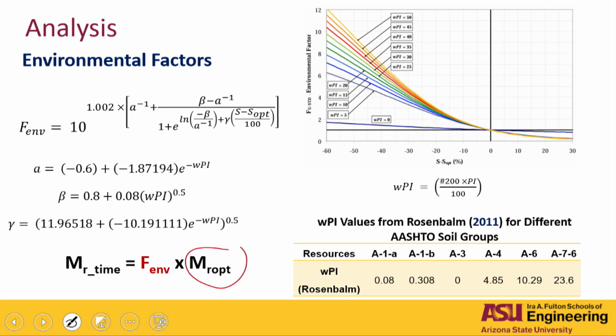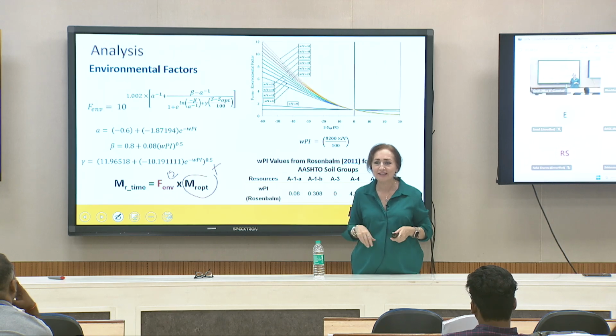I'm going to teach you how to get that value. And that is a function of your traffic load. So here is your traffic external load, and this one is your environmental load. You have the two loads. The problem is that it's an uncoupled solution, but it's a solution that is easy to implement for practitioners, okay? There are more complicated ones that you're going to see in a minute.